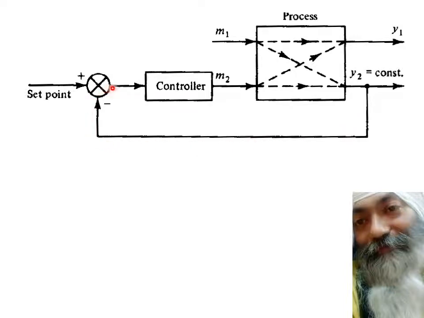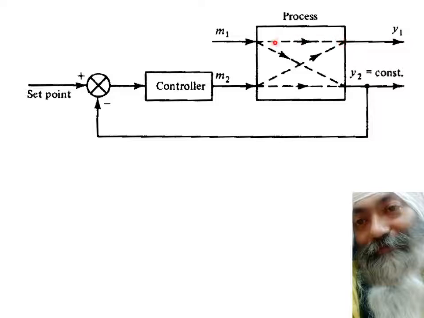Because of that, the controller acts to bring y2 back to its position. So this is going to change the value of m2, and the m2 in turn is going to contribute something to y1.